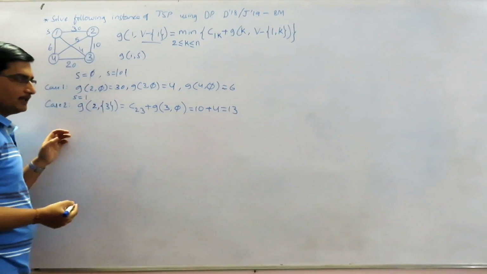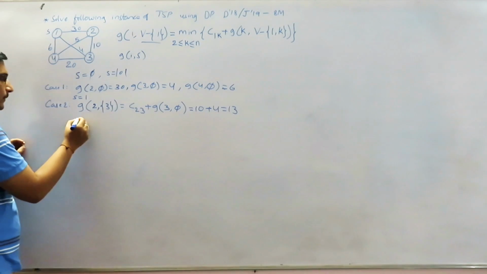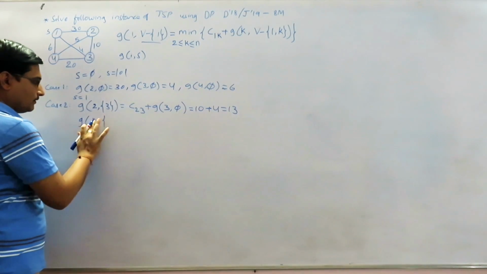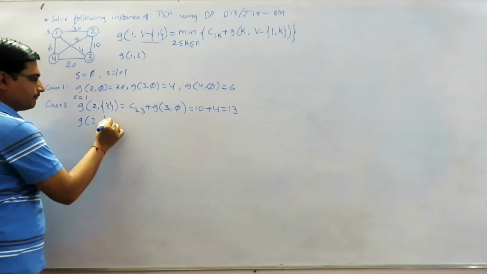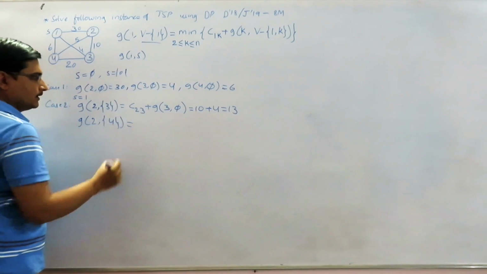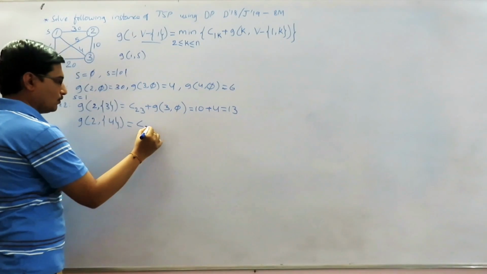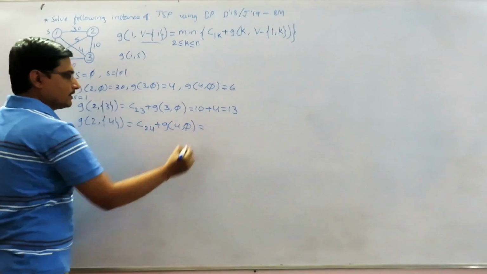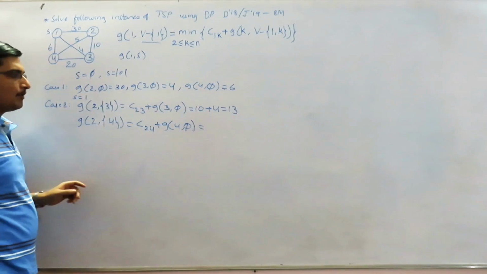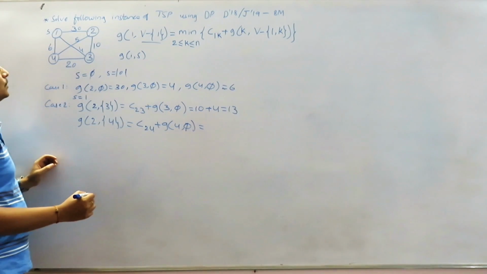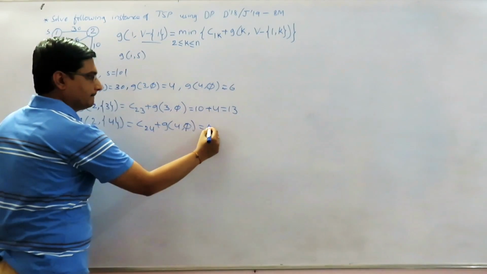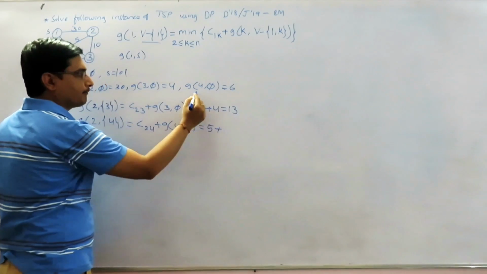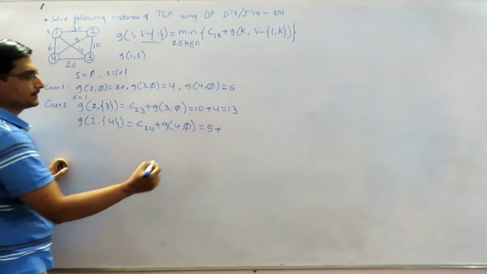We need not find any minimum here because we are having only one value. G of 2 comma 4 is equal to C24 plus G of 4 comma phi. So that is C of 2 to 4, which is 5, plus G of 4, which is 6.